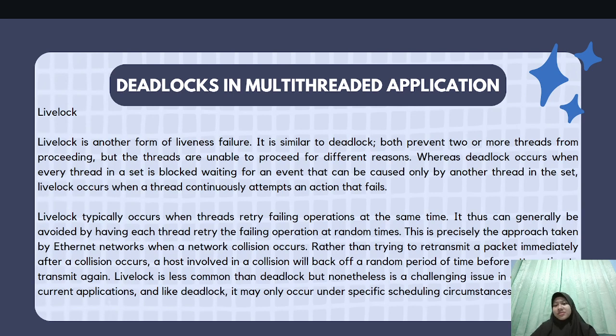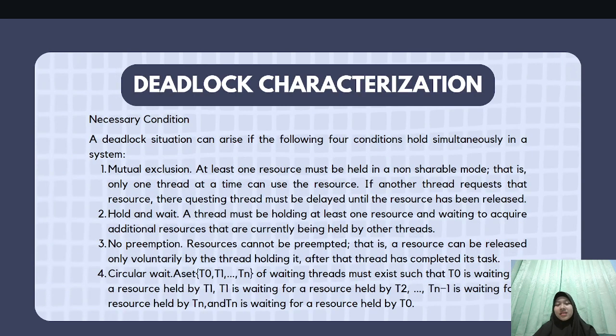Rather than trying to retransmit a packet immediately after a collision, a host involved in a collision will back off a random period of time before attempting to transmit again. Livelock is less common than deadlock, but nonetheless is a challenging issue in designing concurrent applications. And like deadlock, it may only occur under specific scheduling circumstances.